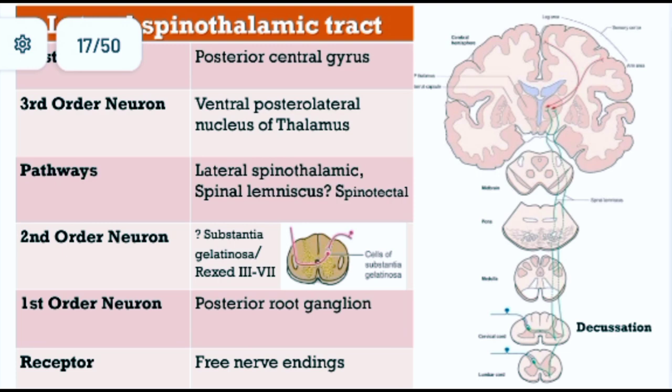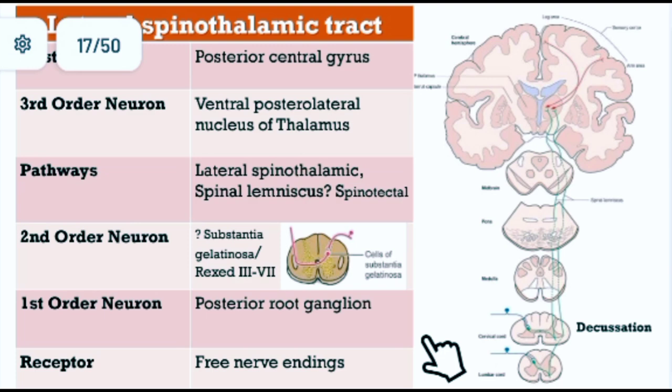So when they detect temperature, they are going to send information in the nerve. That nerve is going to pass in the dorsal root. It passes in the dorsal root, has a ganglion in the dorsal root ganglia, and then it's going to continue and synapse in the posterior gray horn.